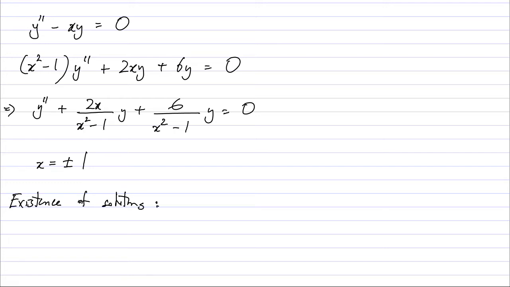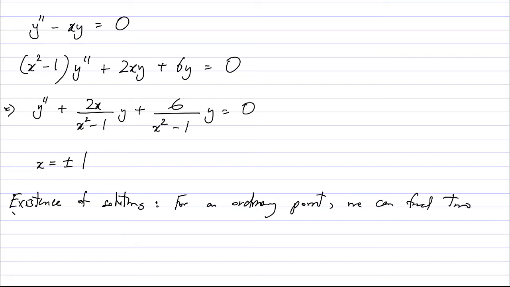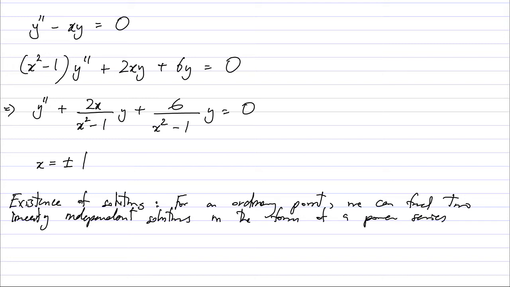So in other words, this says that for an ordinary point, that's why I introduced the terminology, we can find two linearly independent solutions in the form of a power series centered at x naught, which is the point that you're talking about.